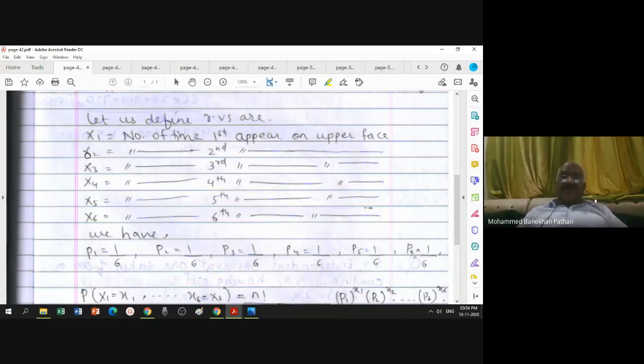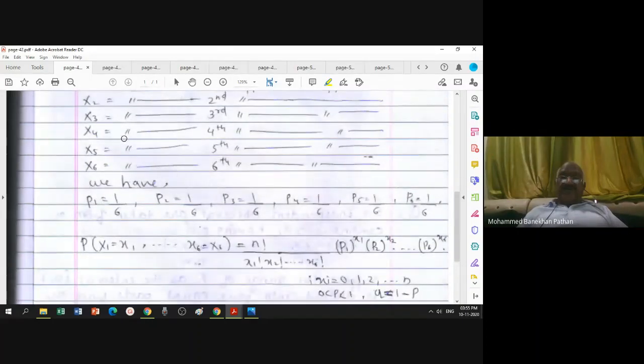X2 stands for how many times 2 dot appear on the upper face. X3 stands for how many times 3 dot appear on the upper face. So we have these 6 variables under study.